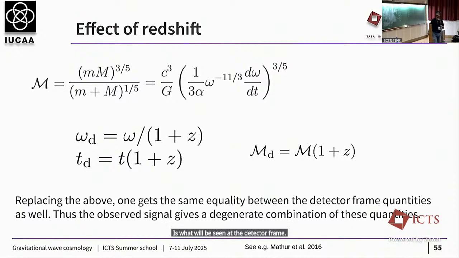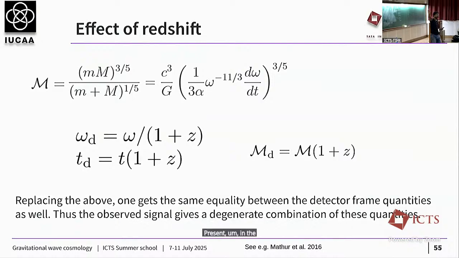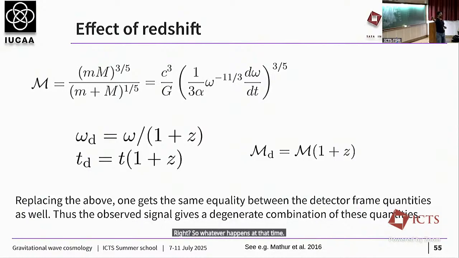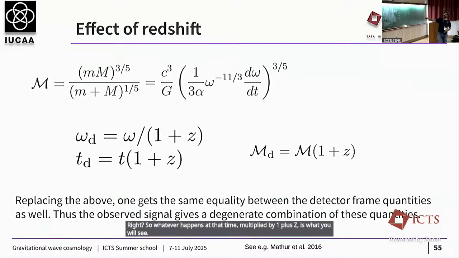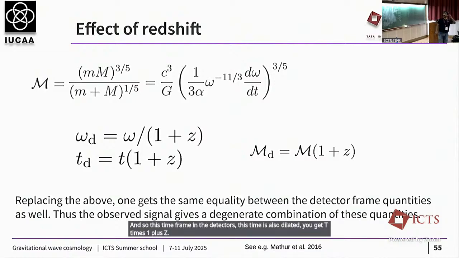But we also know that any time that is present in the frame of the merger itself should be related to our time with again another factor of 1 plus z, right? So whatever happens at that time multiplied by 1 plus z is what you will see. So in the detector frame, this time is also dilated, you get t times 1 plus z. Okay.